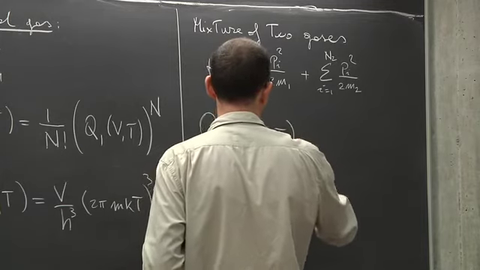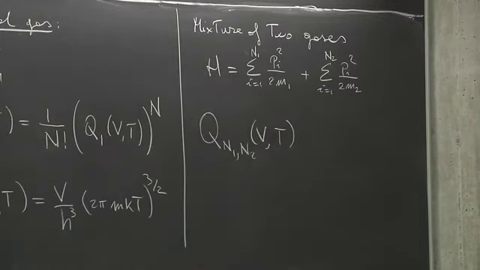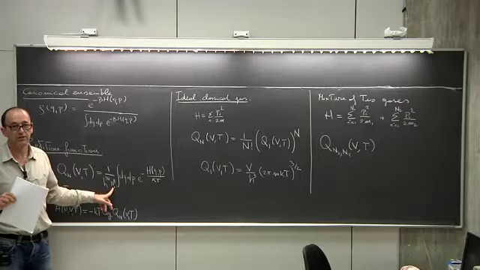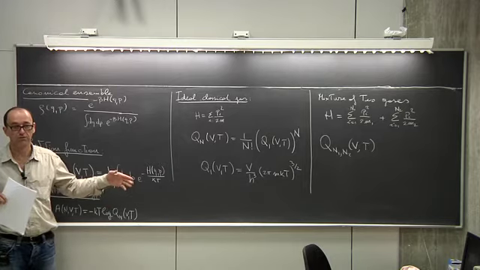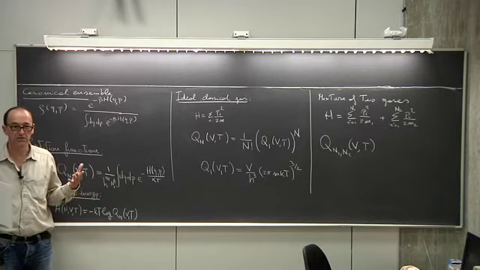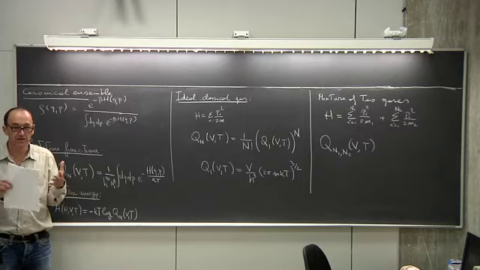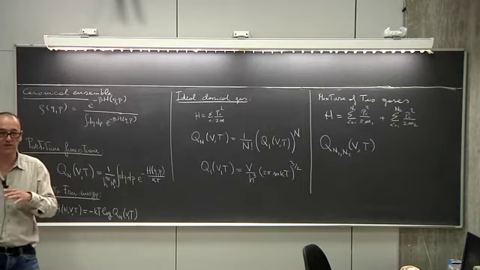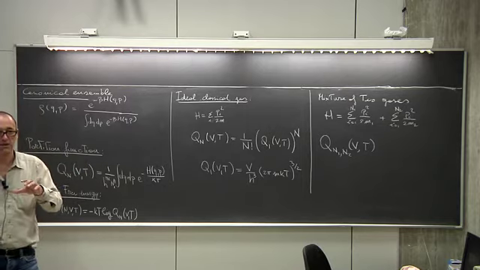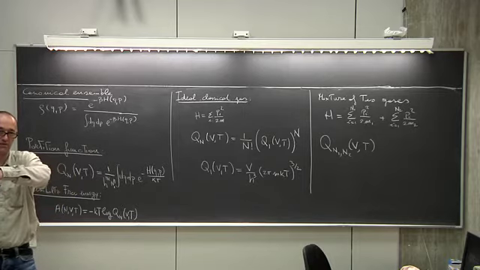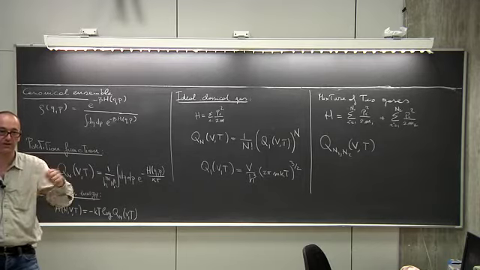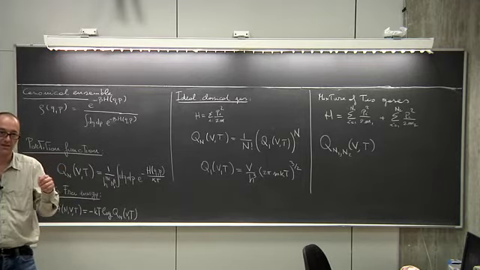on temperature, right? So now, instead of 1 over n factorial here, you will have n1 factorial times n2 factorial, because you don't distinguish states. You distinguish the states where you change the position of gas of type 1s with the position of, you interchange particles of different types.